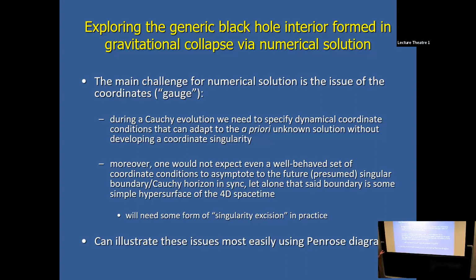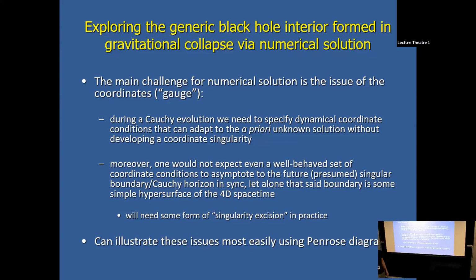But of course, in this case, we don't know what's going to happen in the interior in particular. And so we also don't know what coordinates we need to map out the space-time in a way which is non-singular before we get to the actual singularity in the metric. So we don't want coordinate singularities to form. In practice, what it means is that we simultaneously have to solve the Einstein equations together with a set of equations that tell us what the coordinates are going to be.